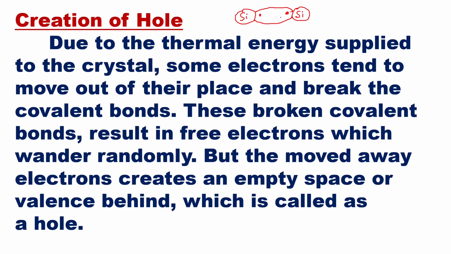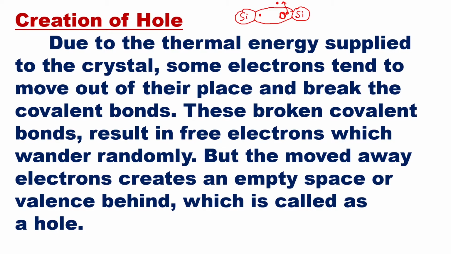Now if the temperature increases, this covalent bond can break, and this electron can come out and become a free electron, which can be used for the flow of current. The place remaining, the absent place of that free electron, will become a hole. This is a hole which can be considered as a positive charge. This can happen when the temperature increases, but at room temperature it is not so easy for a semiconductor material to have this type of ability.